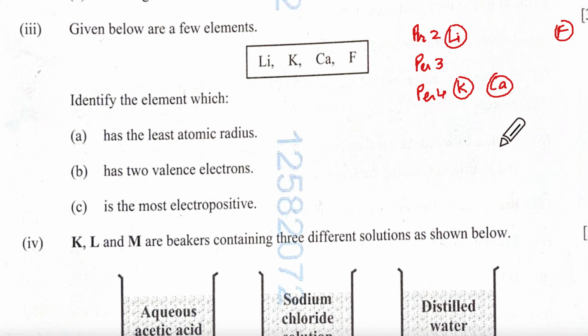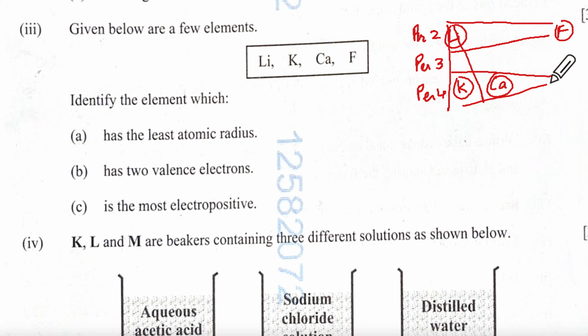They are telling you largest atomic size. Now remember, atomic size decreases this way, and this way it increases, and this way again it's decreasing. So the maximum will be here. The first part has the least atomic radius. Oops, I did it the opposite way. So the least will be here.